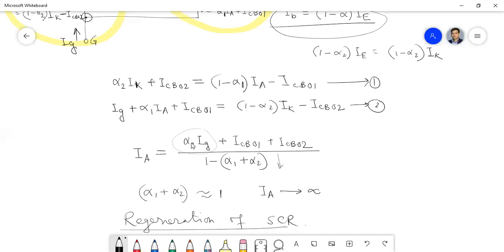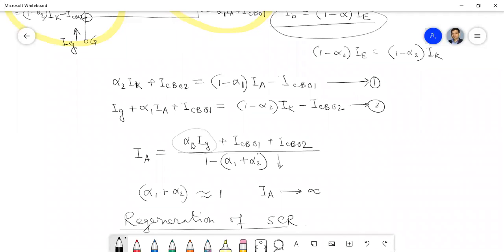Sir, when IG is not given, ICB02 will still be there but it is very small, and then there will be no alpha in the denominator. If we don't have IG at the beginning, then the alpha values are very small, almost 0.